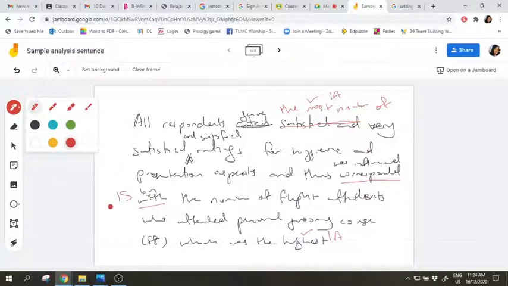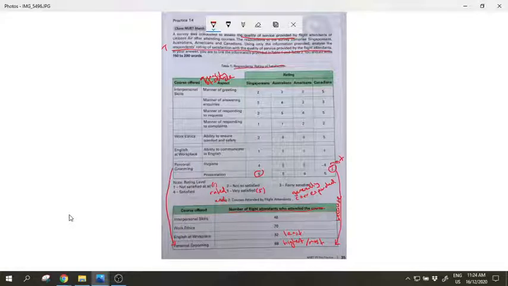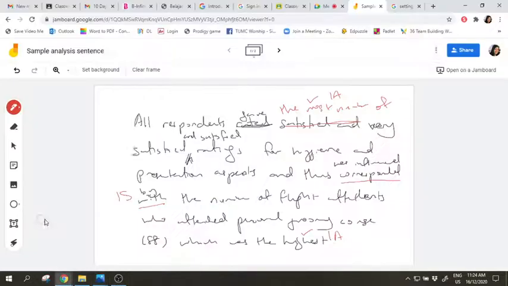Let's go back to the question here. You already have the most here, you have 1A here, and you can say and this was because the number of flight attendants who attended the personal grooming course was the highest, 88. Okay, back to the Jamboard.